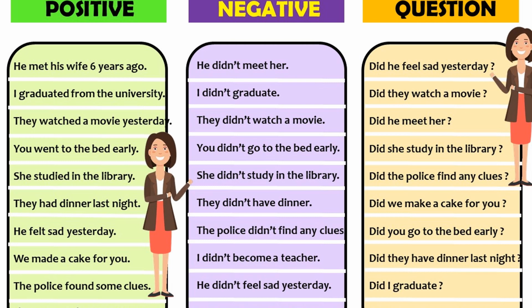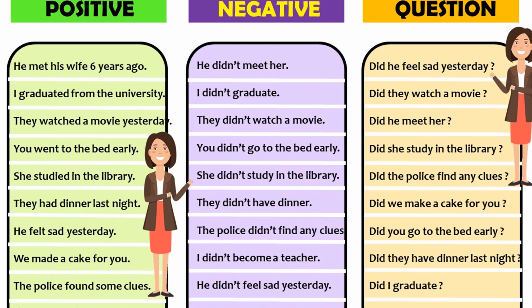I'll read the rest of the positive sentences, and you will have to put these positive sentences into a negative form, and you will have to put the negative sentences into an interrogative sentence. All right. The third one, they watched a movie yesterday.